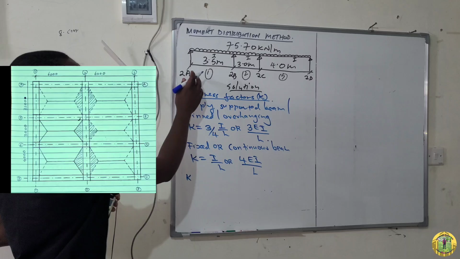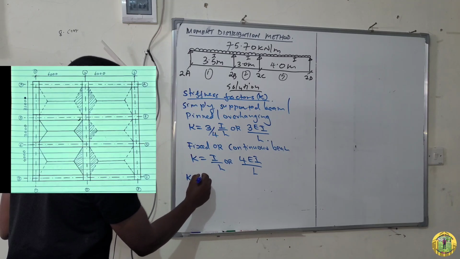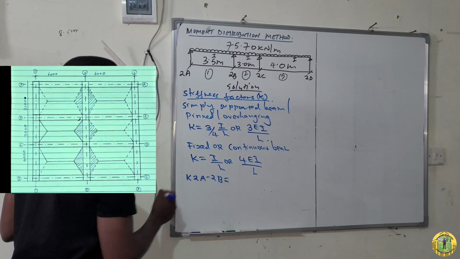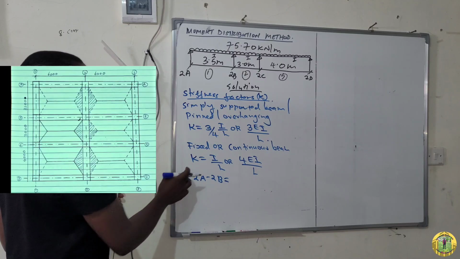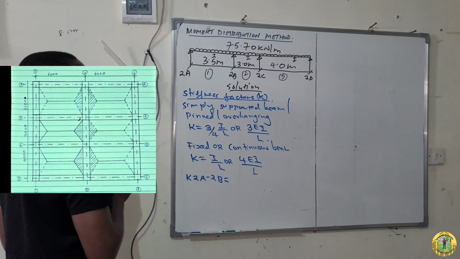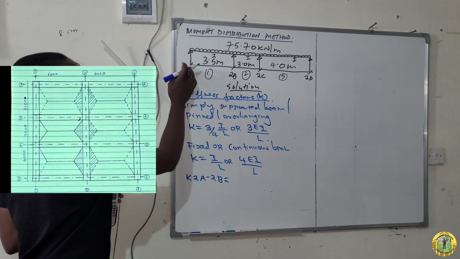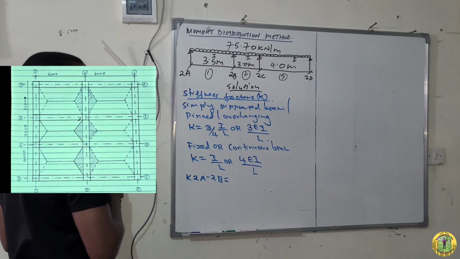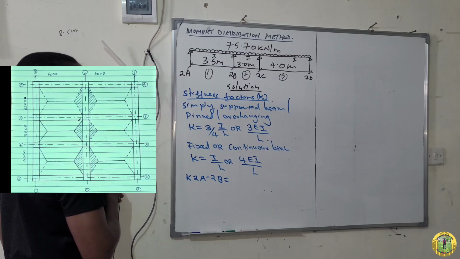We start with span 2A to B. So this is K 2A to B. Something very important when calculating K: use the farthest support. The farthest support from B is this end support, 2A, which is pinned, or a simple support.